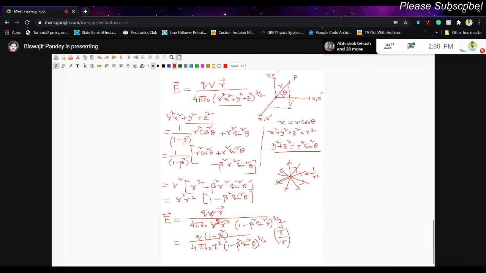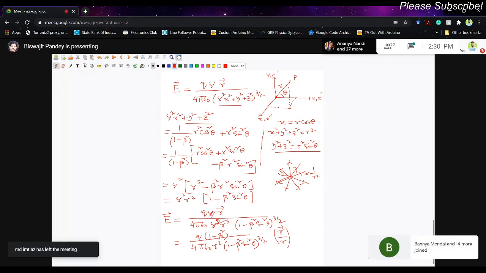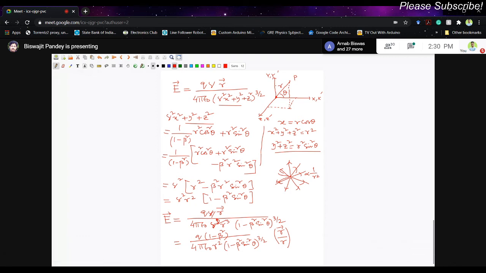It depends on the value of theta, which direction you are looking at. I can make an angle of 30 degrees, I can get a different result. I can make an angle of 90 degrees, I will get a different result. So the electric field no longer changes in an isotropic manner in the laboratory frame. That is one important difference that we have for the electric field of a moving point charge.